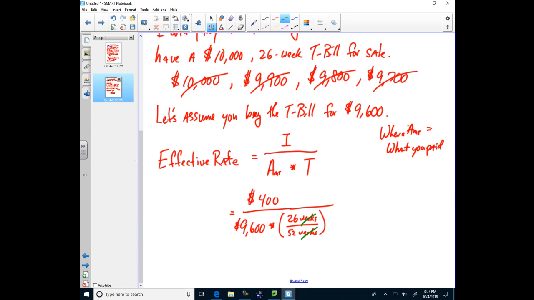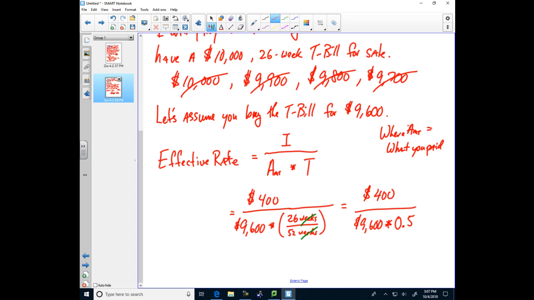Let me rewrite this. We're going to have 400 divided by 9,600 times basically 0.5, isn't it? 26 divided by 52 is 0.5.